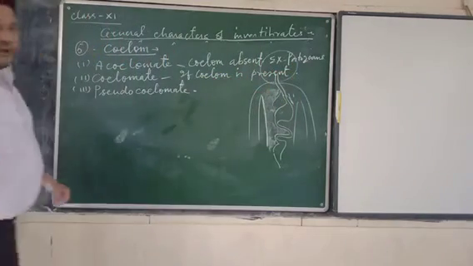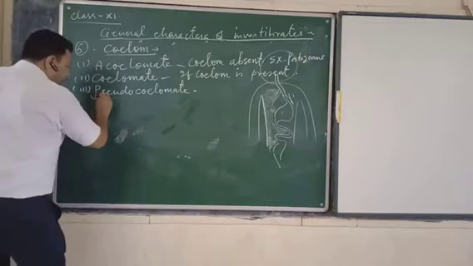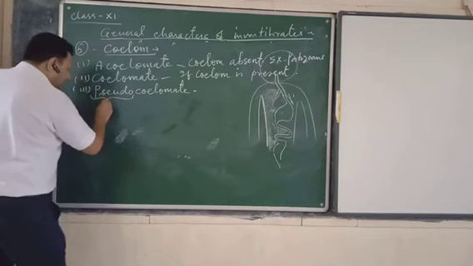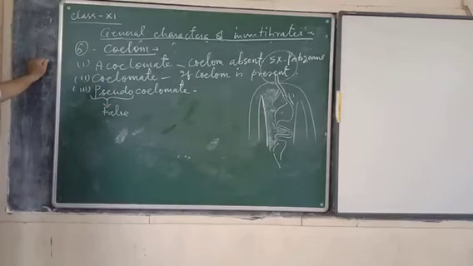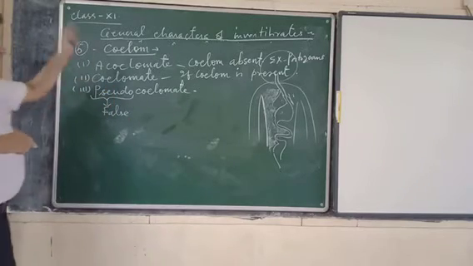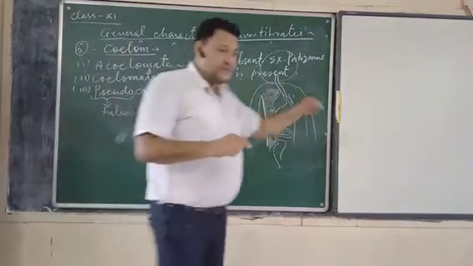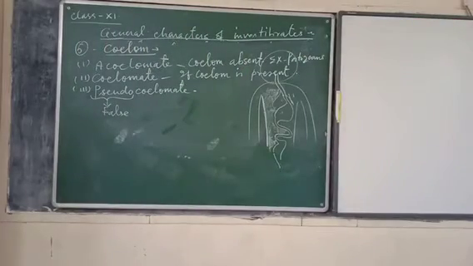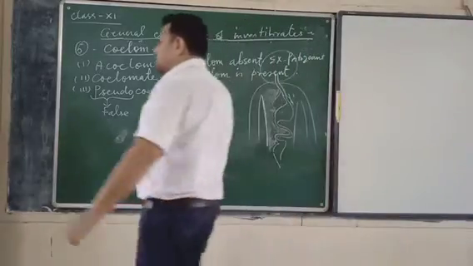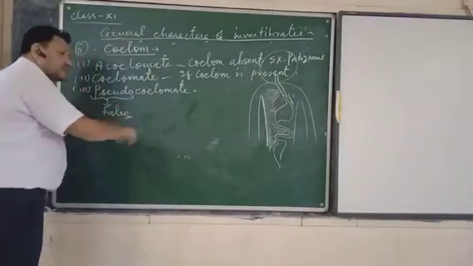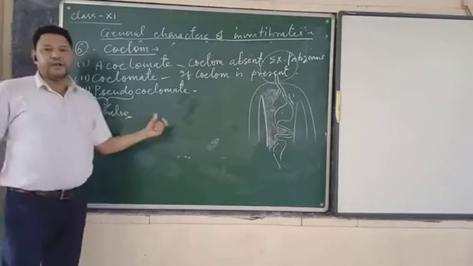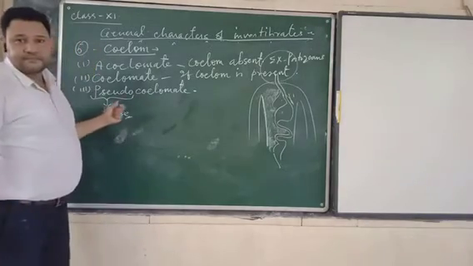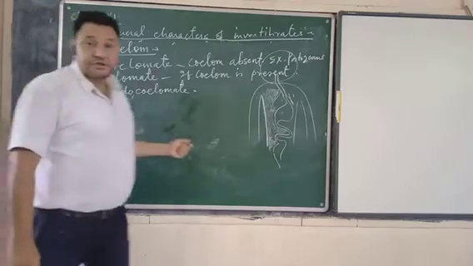And pseudo-coelomate. Now you see, this term pseudo means false. Coelom is present in these organisms, but it will be a false coelom. You can see this particular property in this case, pseudo-coelom.